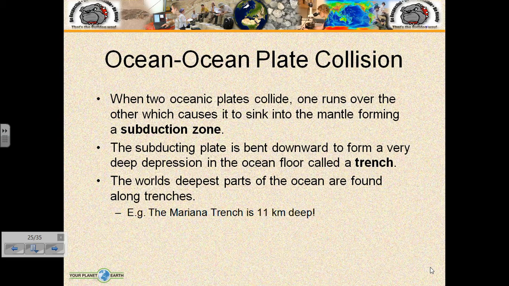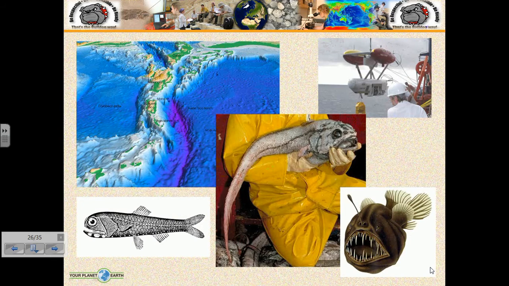In fact, the Mariana Trench is over 11 kilometers deep, which is pretty far. I believe that's more than about 35,000 feet deep. And so in the images provided, you can see examples of some of the vegetation that are found in these lower parts of the water.